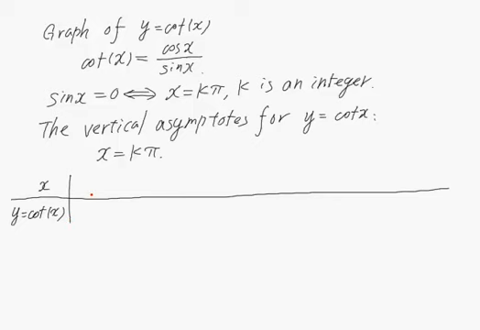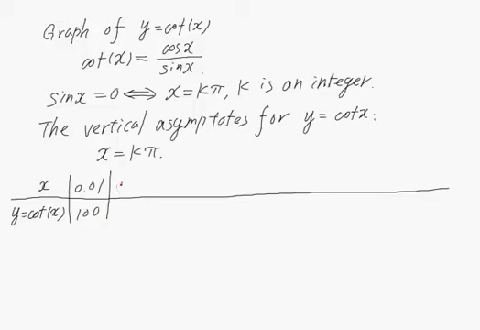Since cotangent x is not well defined at 0, at pi, at 2 pi, when you take a value very close to 0, your y value will be very big. For example, if x equals 0.01, which is very close to 0, then the y value is equal to 100.